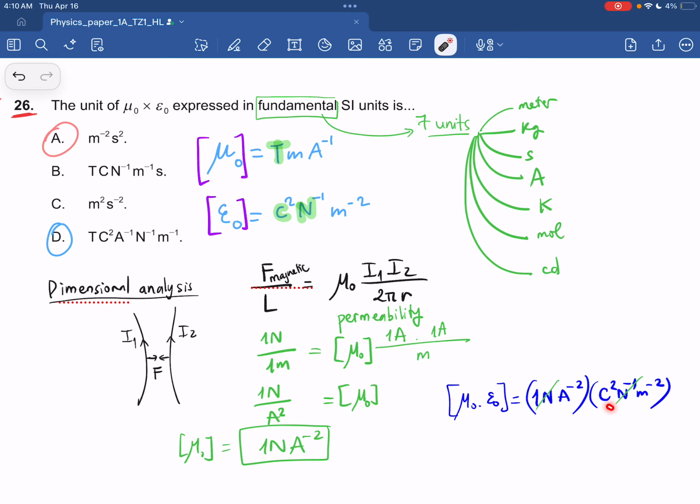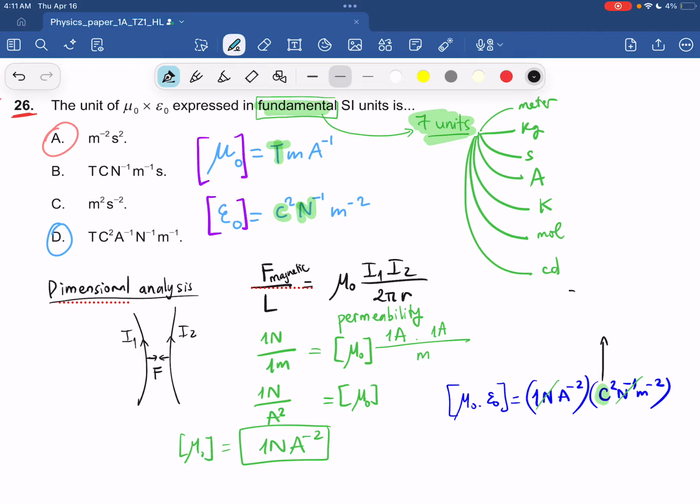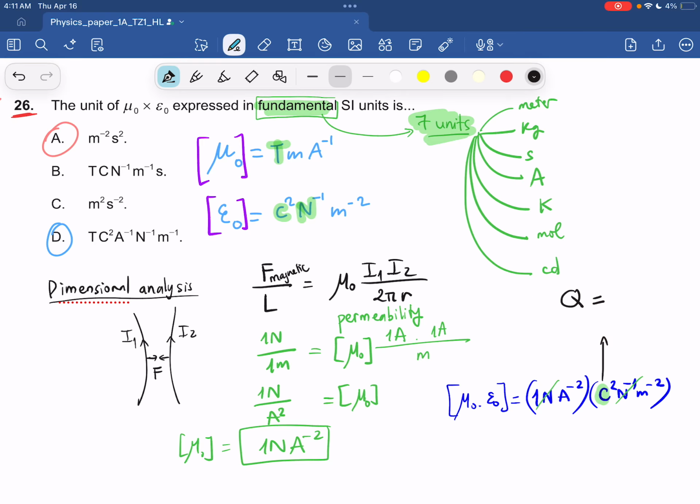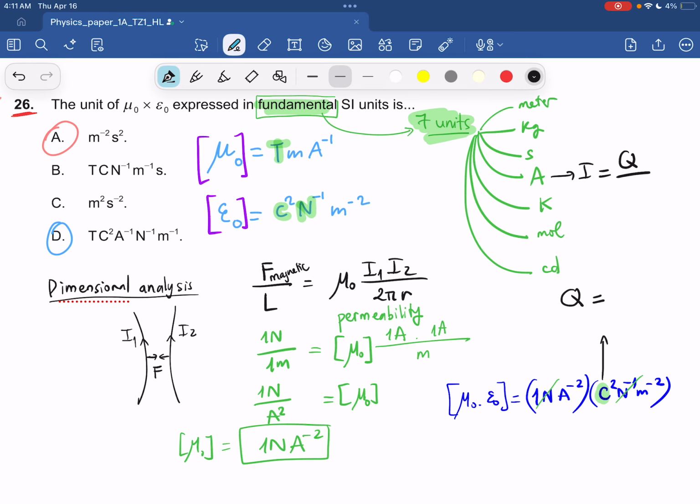So now we just need to do another step to express the coulomb unit itself back to the 7 standard fundamental units. Coulomb is the unit for charge. Is there any equation with charge related to the current? Actually, current is defined as the rate of flow of charge over a unit of time through a cross-sectional area.